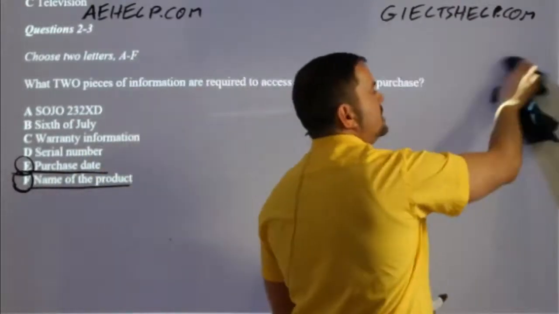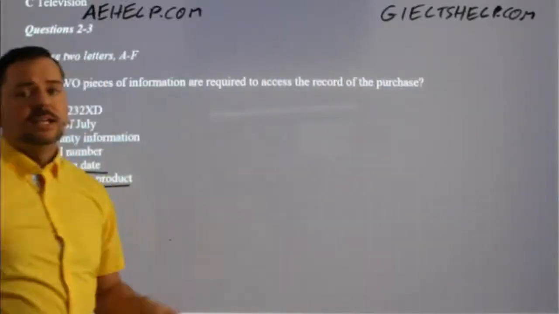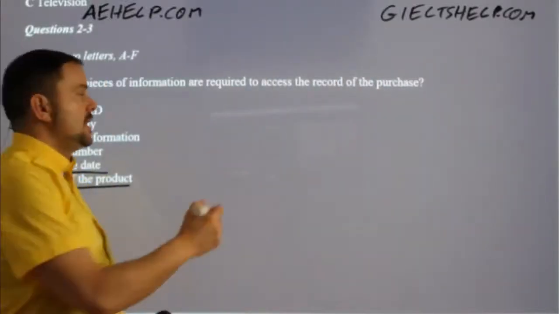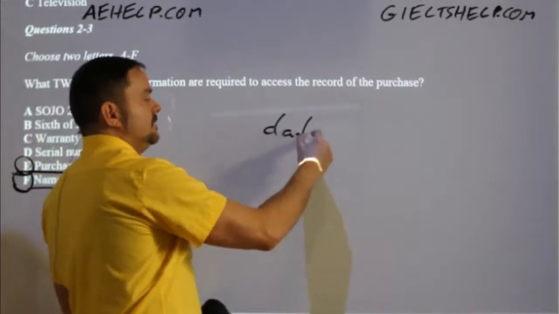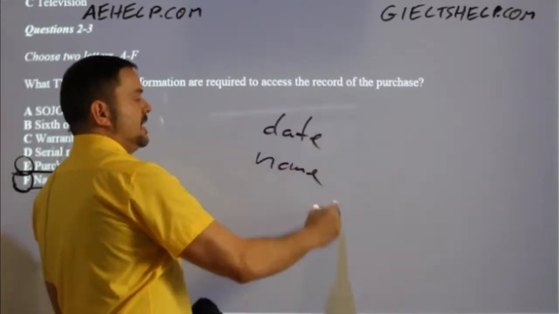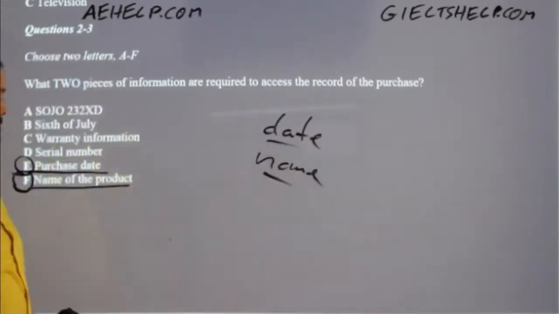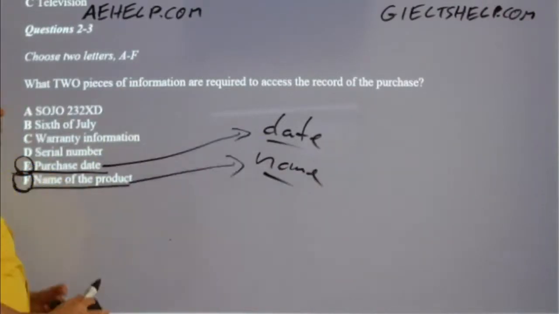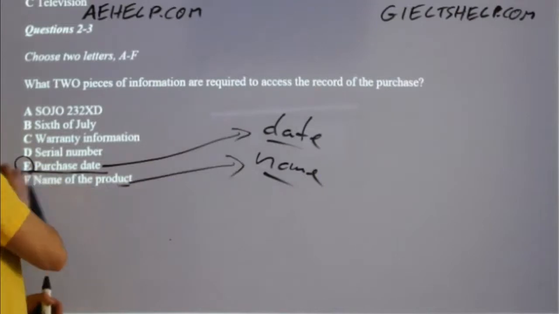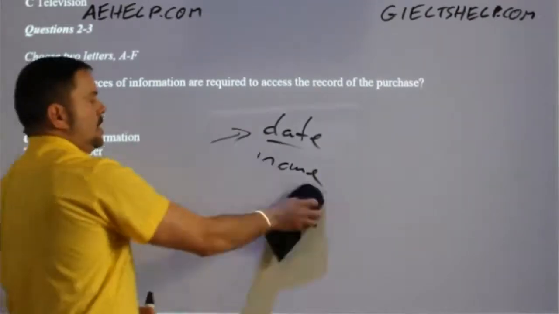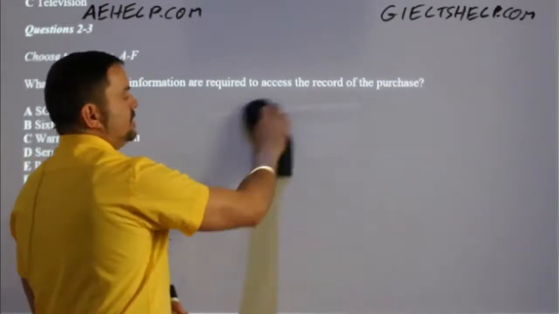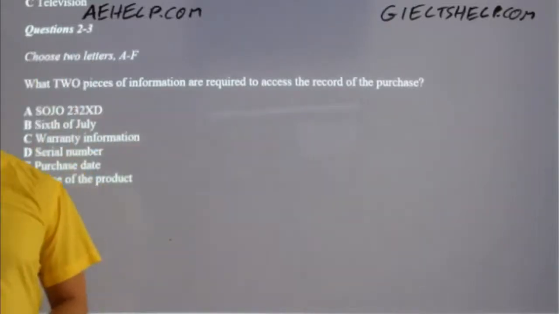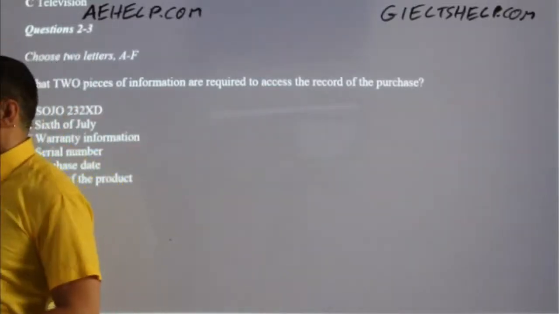When you're listening, it's sometimes a good idea to write down what you hear. Like, oh, okay, she asked for the date and the name. And if you write that down on your question booklet, you'll be able to match these up. Okay, and then get the correct answers. This is the type of question that you can double check during the review time. Okay, all right.